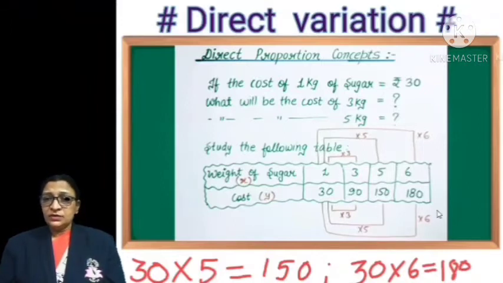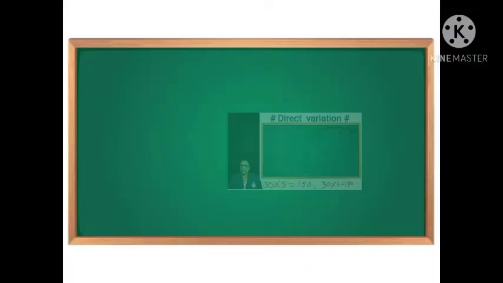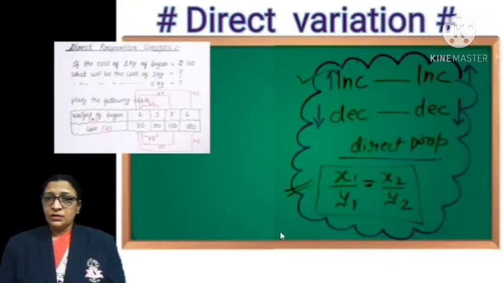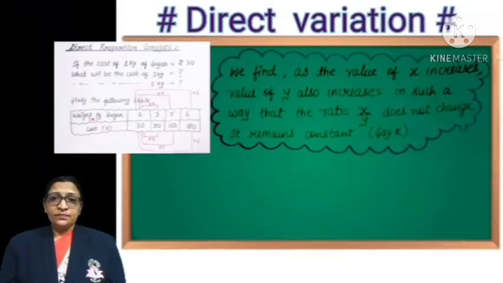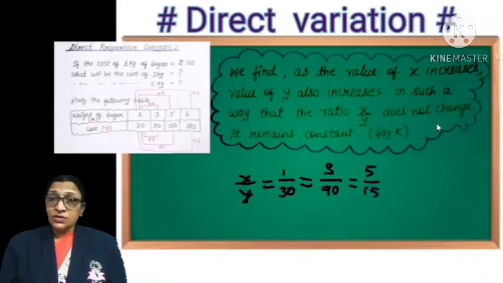If you observe each of these prices, each price is increasing by 30. Increase in one quantity increases the other quantity corresponding to that. So we find that as the value of X increases, the value of Y also increases in such a way that the ratio X upon Y does not change.